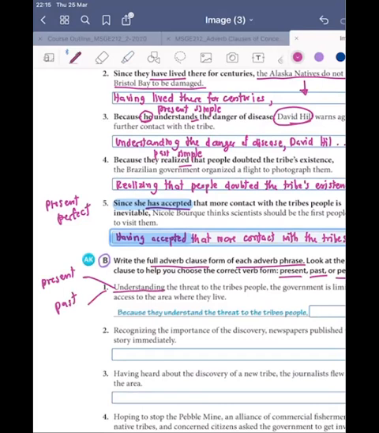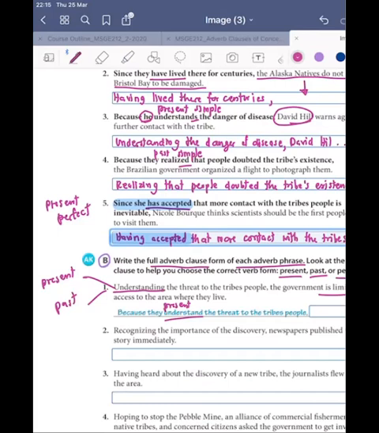So it has to be present or past. How do you know that it has to be present? You look at the rest of your sentence: the government is limiting. So you can't really use past tense at the front. It has to go together.